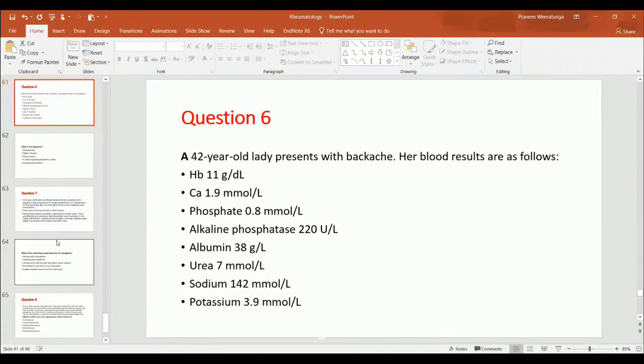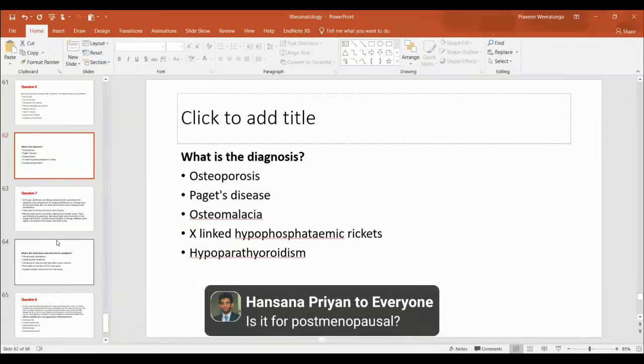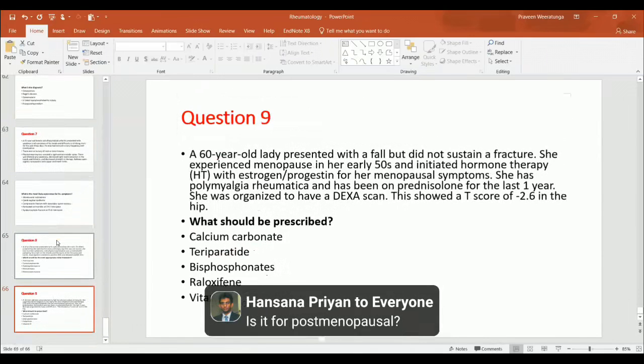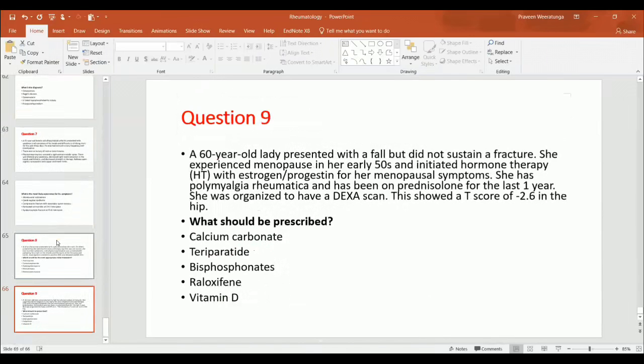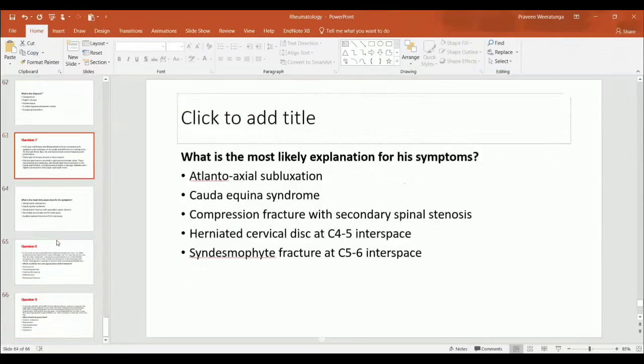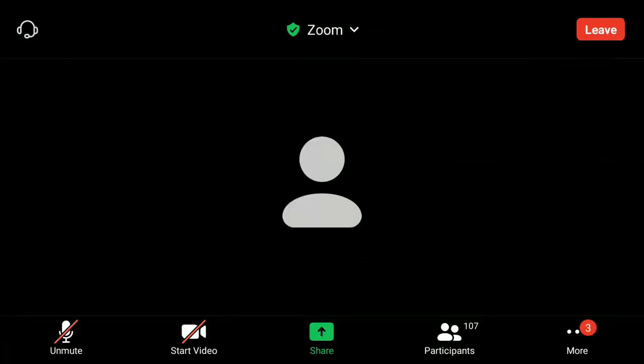Calcium and phosphate are sort of marginal, right? Yes, most of the time we use raloxifene in postmenopausal women.